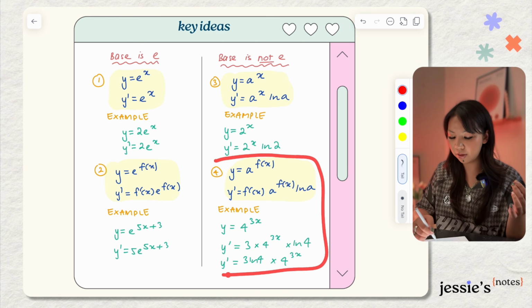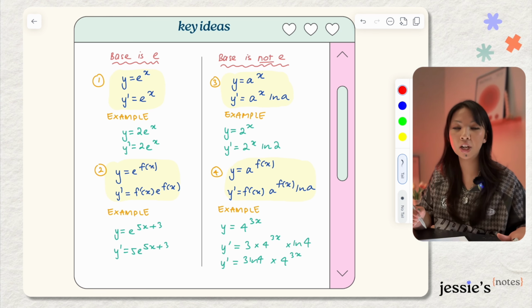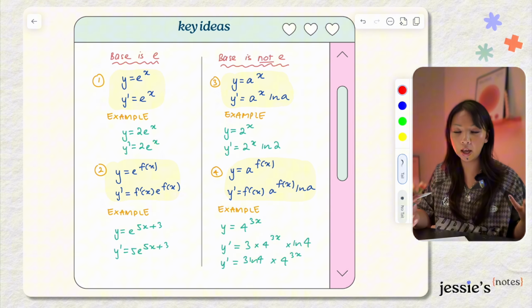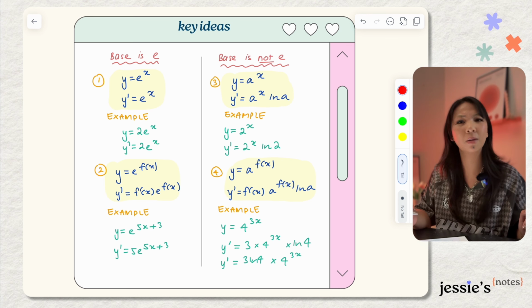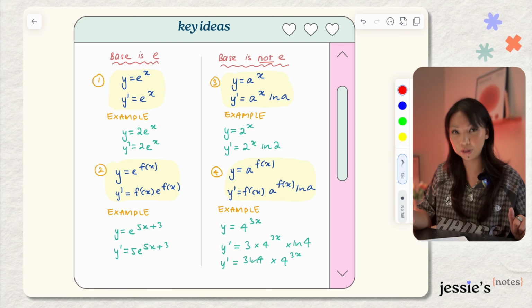This one here is actually on the reference sheet, the New South Wales NESA reference sheet. But if you're not familiar with utilizing it, when you see it in the reference sheet, you're going to be very confused on how to apply it. And I'm going to help you figure out how to do that.